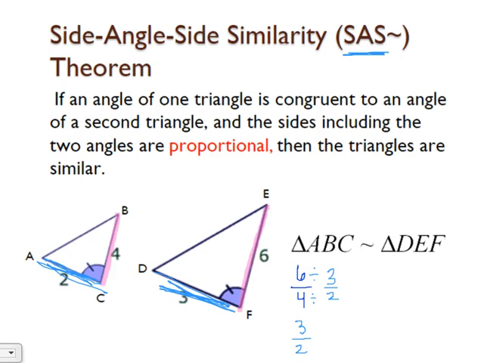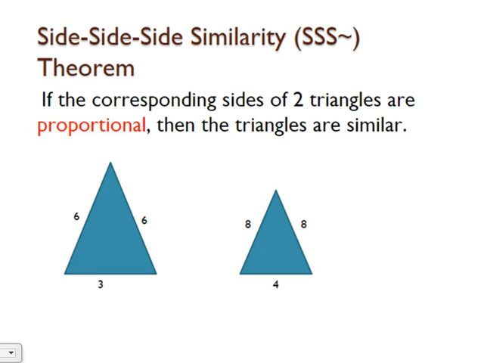We're going to talk about that third theorem, the side, side, side similarity. Here, if the corresponding sides of two triangles are proportional, then the triangles are similar. So really, if all sets of corresponding sides are proportional, then the triangles are similar.